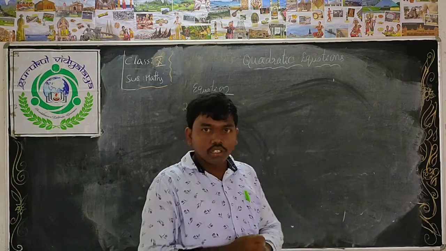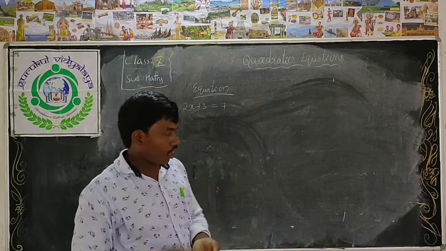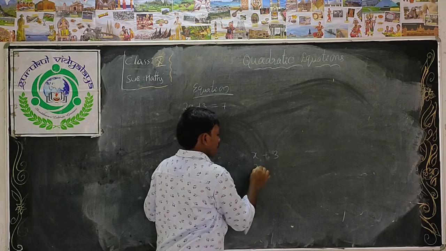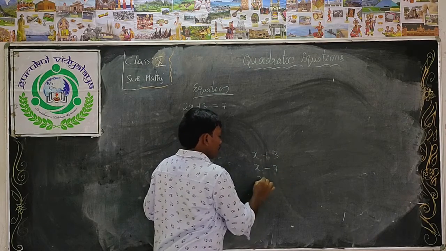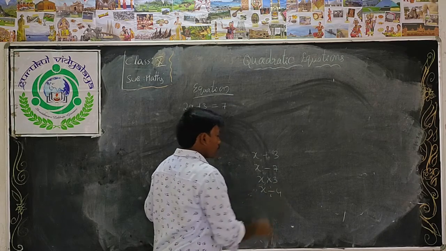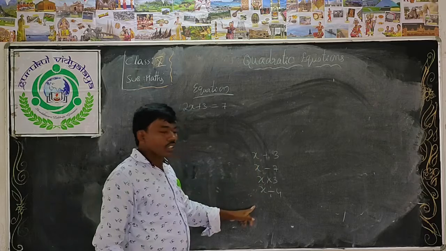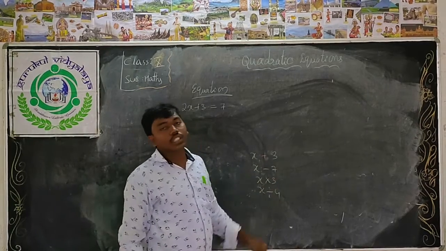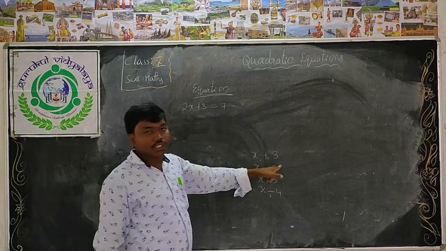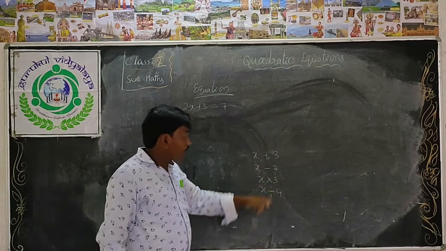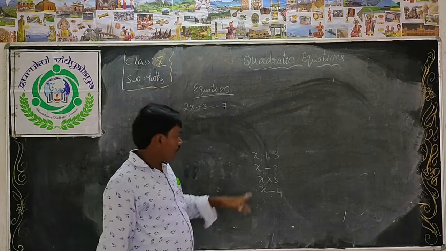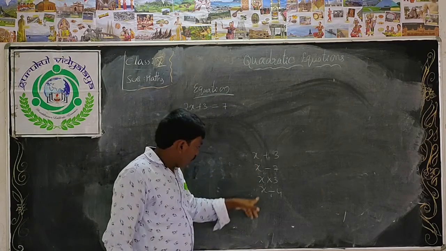How do you know about algebraic expression? I will tell. x plus 3 or x minus 7, x into 3 or x divided by 4. See, these are the variables, these are the constants. The combination of variables and constants with arithmetic operations is called an algebraic expression.